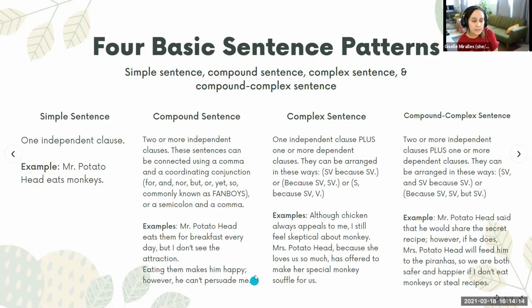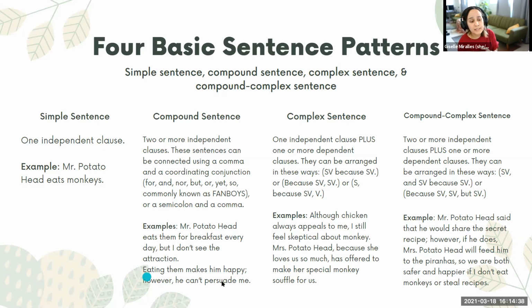So whenever you use a semicolon and a comma, you usually want to use something like however to connect it to the previous sentence. And you usually use a semicolon when the two ideas are closely linked together. This person could have also said, eating them makes him happy, but he can't persuade me.